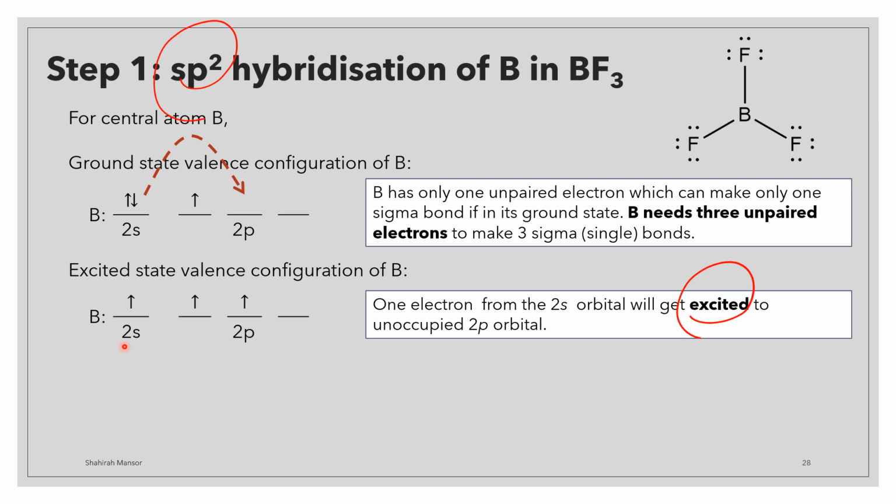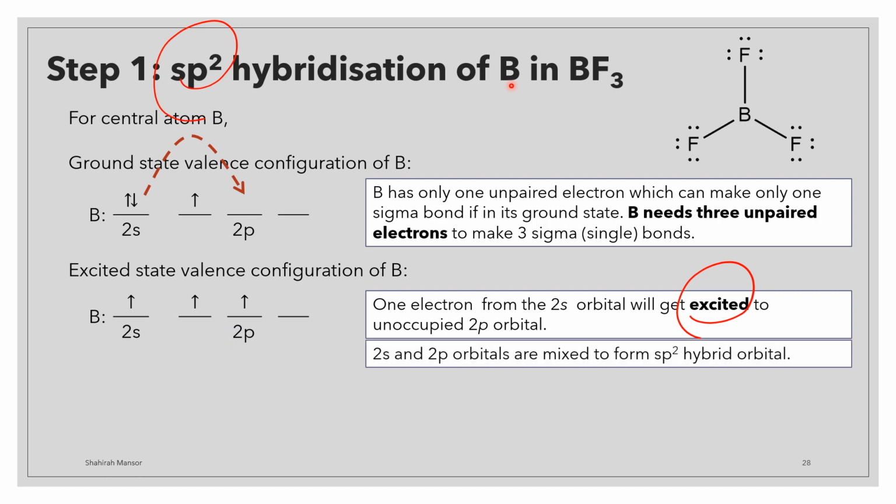Since the energy levels of S and P are not the same, we have to mix these orbitals to get hybrid orbitals that have the same energy level. In this case, since you identified earlier that boron has sp2 hybrid orbitals, we will mix one S with 2P.